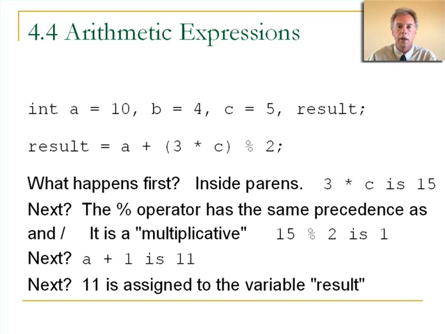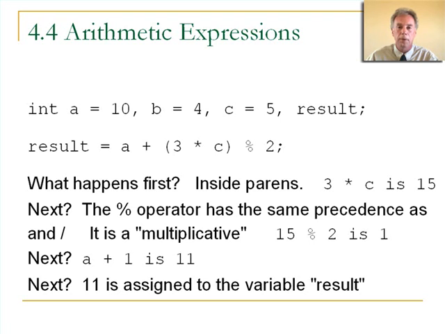Let's look at some more arithmetic expressions now. These can be arbitrarily complex, and a good programmer will solve their problems without writing programs that are too complex for other people to understand. So here we have 3 variables, a, b, c, initialized to 10, 4, and 5, and we have another int variable called result.